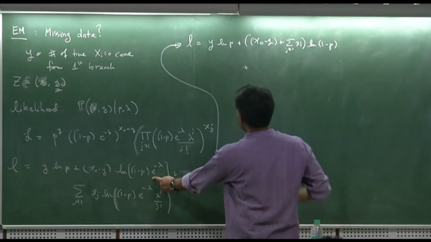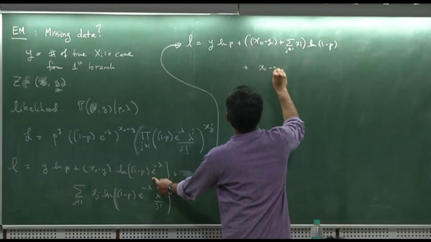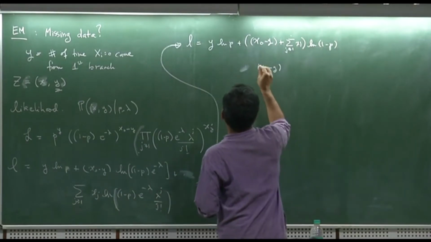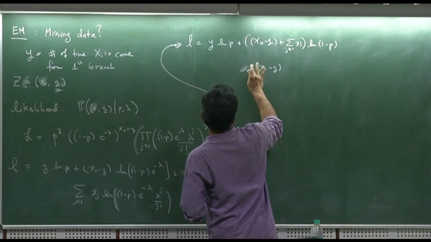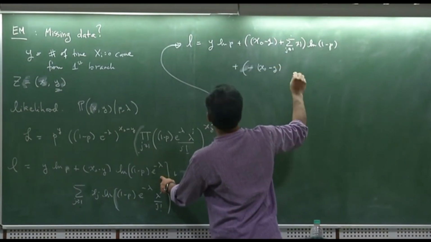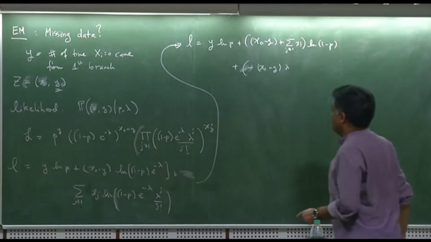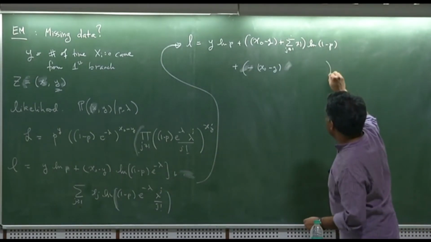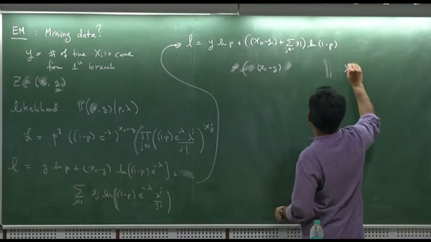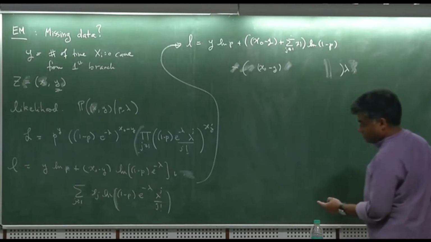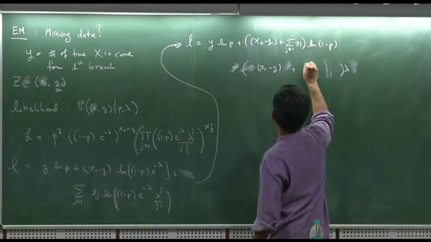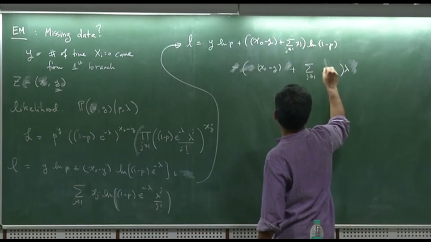You will get from here x0 minus y, e to the minus lambda, you'll get lambda, or rather let's put the lambda terms also common. And from over here you'll also get all the terms from there. You'll get plus summation of j greater than or equal to 1 of xj.